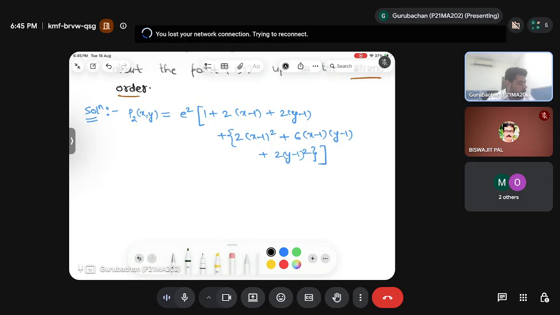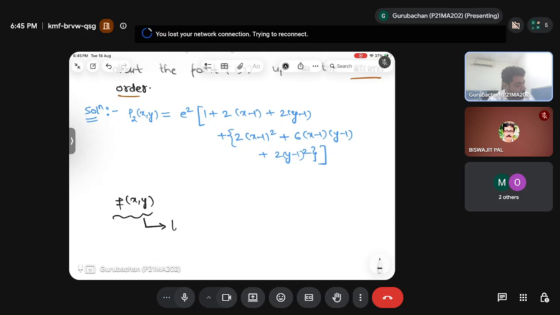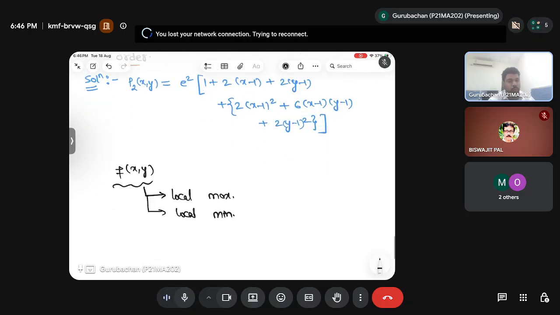So now our next task is to calculate local minima and local maxima in functions of two variables. Suppose you are given some f(x, y), so you need to calculate local maxima, local minima, and there are some more possibilities.